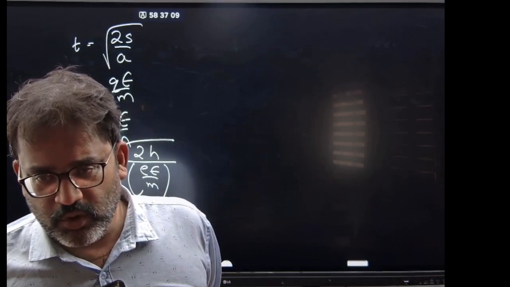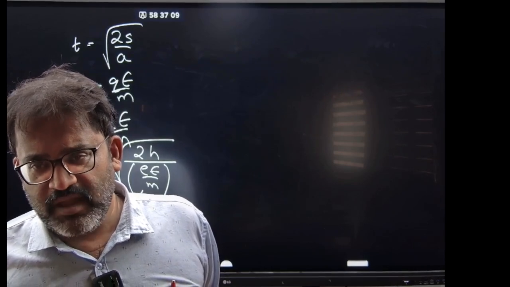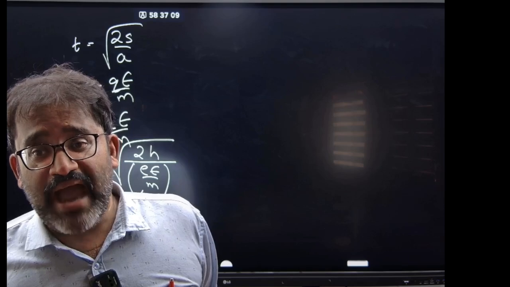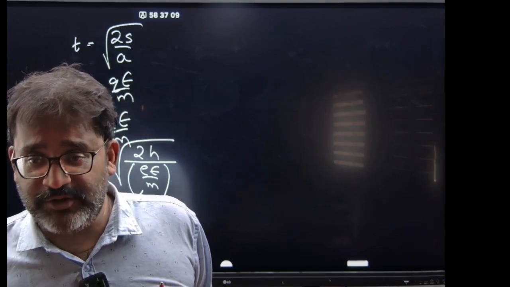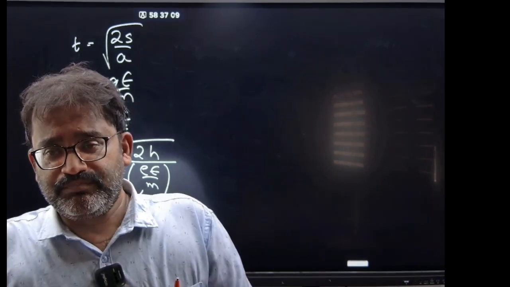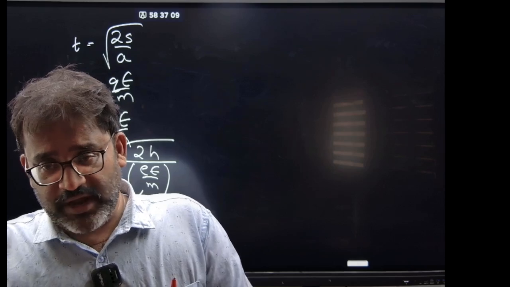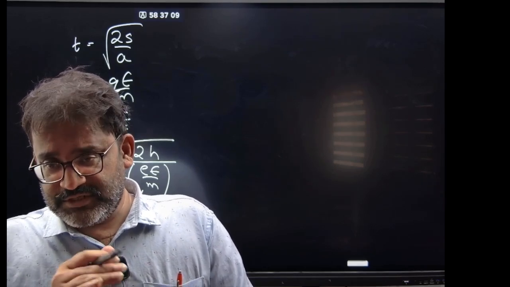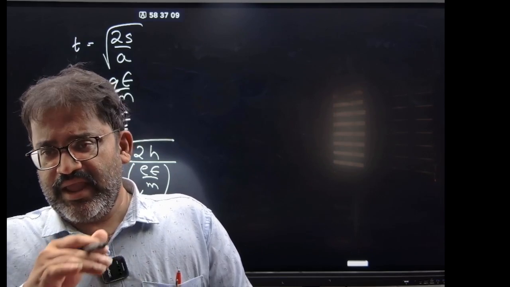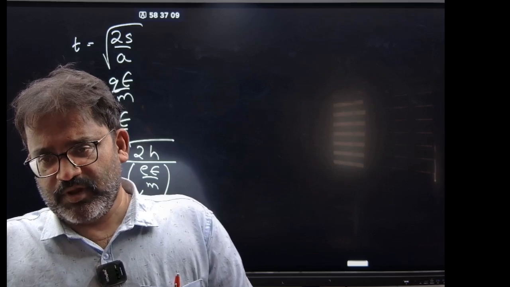Q1 is 2, Q2 is minus 8, but we have to take the magnitude, so minus 8 is also 8. 8 twos are 16. So 16 by R square.